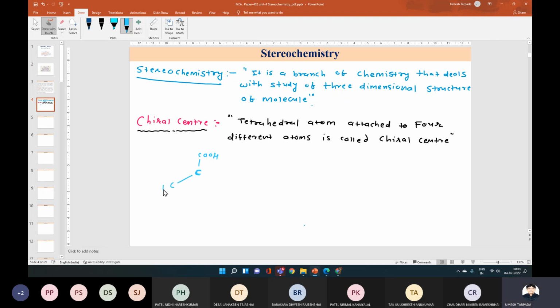One is CH3 group, the others are hydrogen H and OH. So is this carbon chiral?